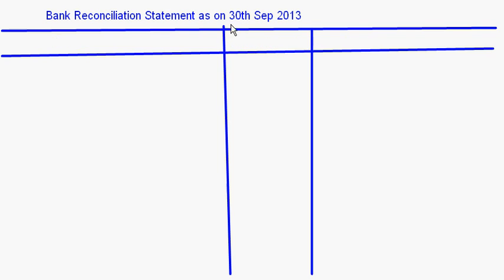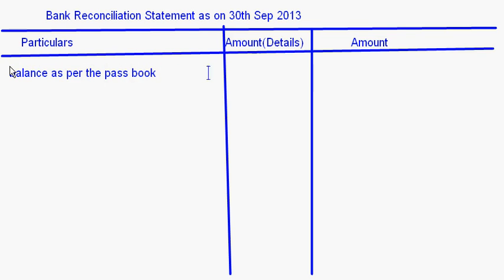Now, first of all, sorry, I'll just write it once again. Yeah, now the first thing, balance as per the passbook which is given. That's 10,000, so that will come here in the amount.